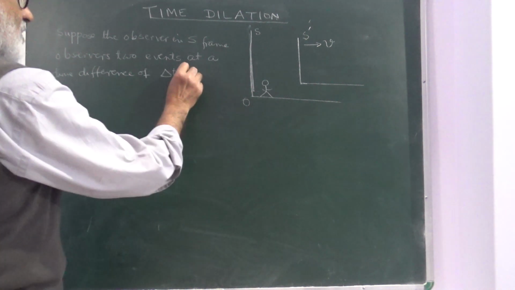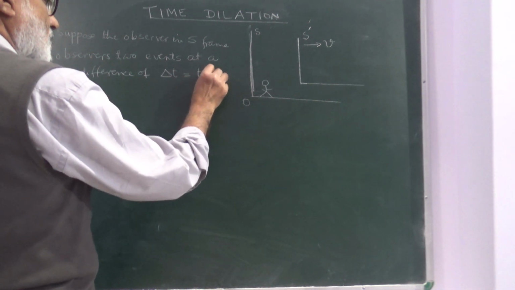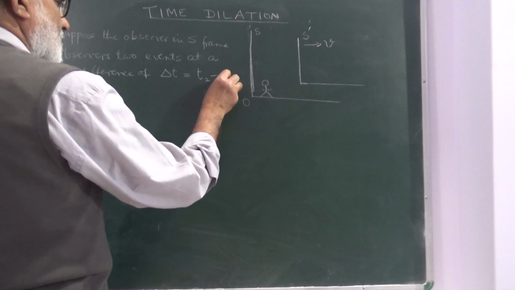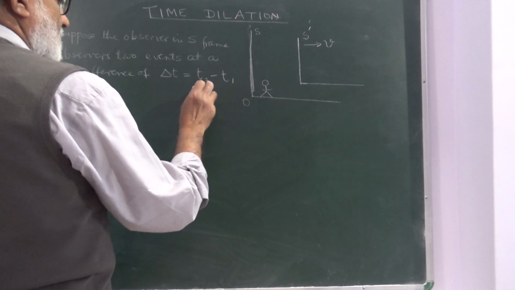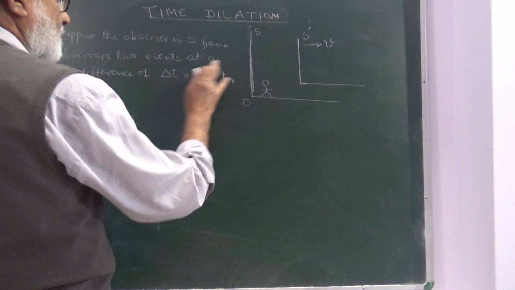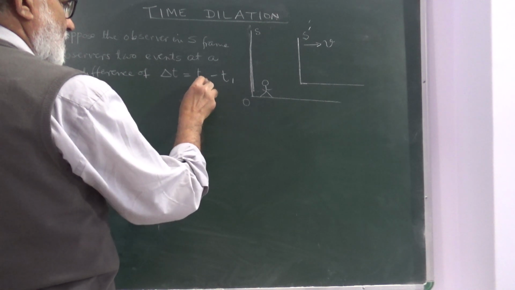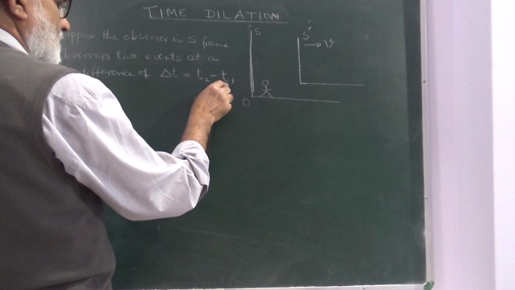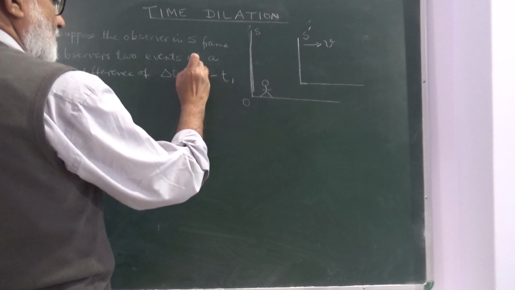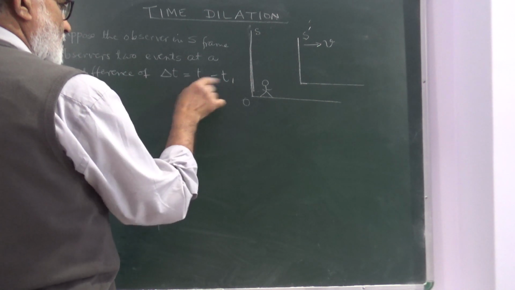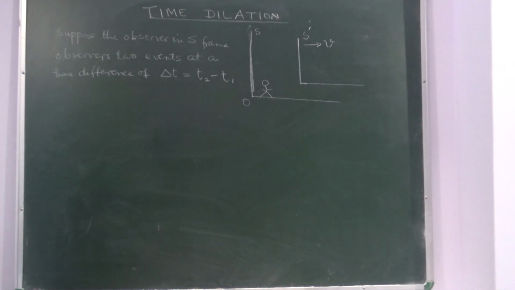Delta t means t2 minus t1: the first event occurs at t1 and the second event occurs at t2. The time difference between the two is t2 minus t1, which is recorded as delta t.